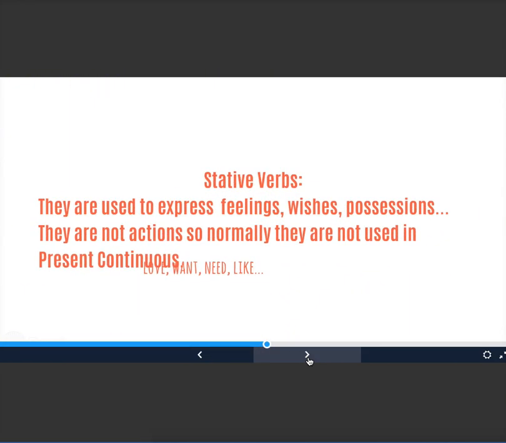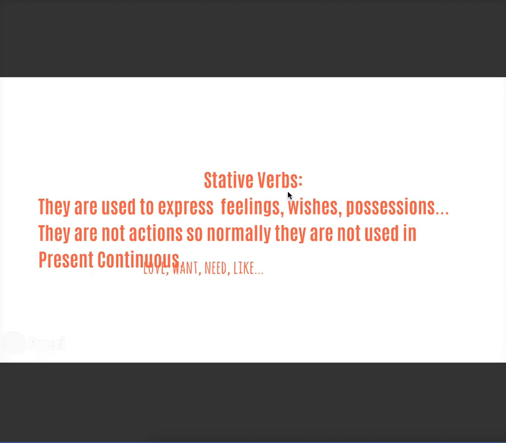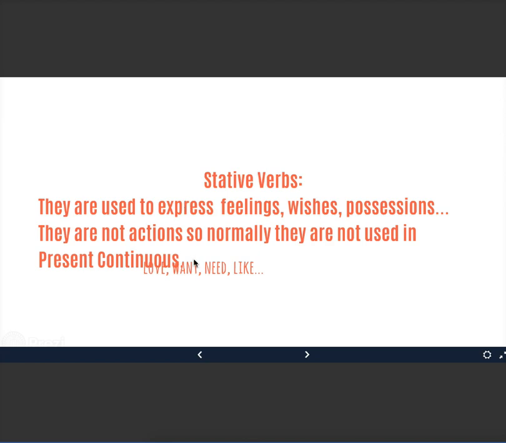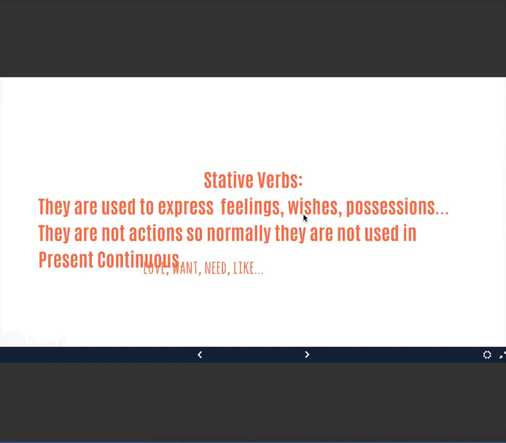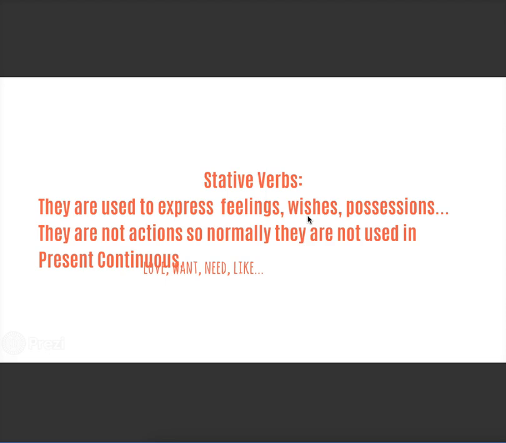So, my dears, I just want you to remember stative verbs. Stative verbs are something that is going to be really useful for you in present continuous. Stative verbs are used to express feelings, wishes, possessions. What is the meaning of wishes? Deseos.